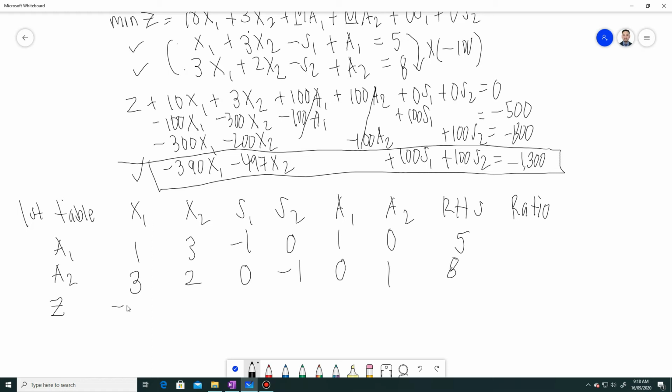We have 390, negative 497, S1 as 100, S2 as 100, and both A1 and A2 are 0. And the right hand side for z is negative 1300.